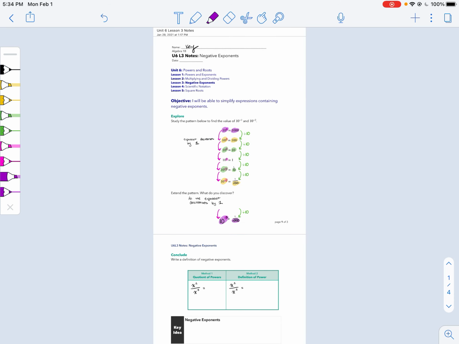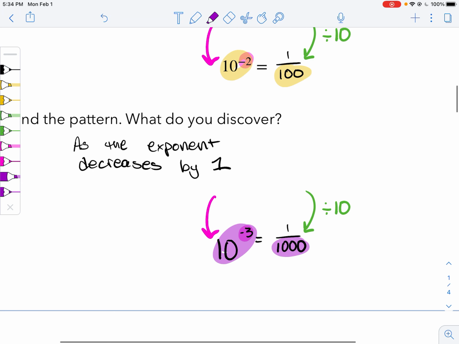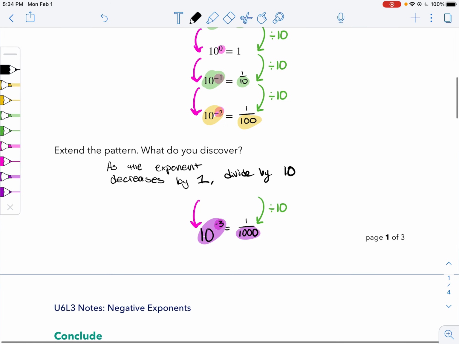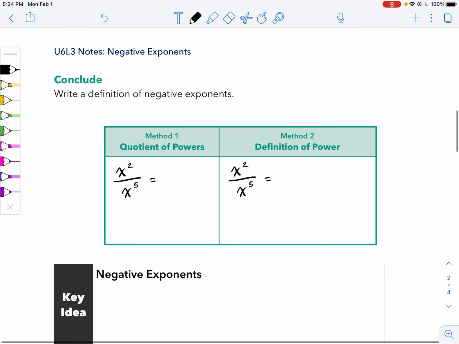So what do you discover? As the exponent decreases by 1, we divide by the base. Divide by 10. Isn't that so cool? That was the pattern.